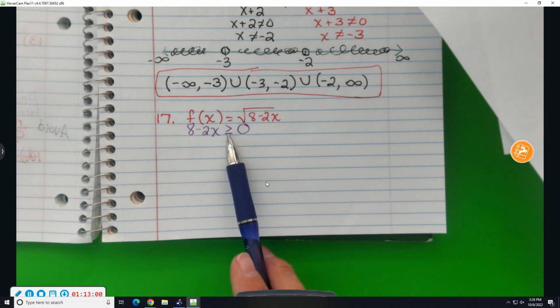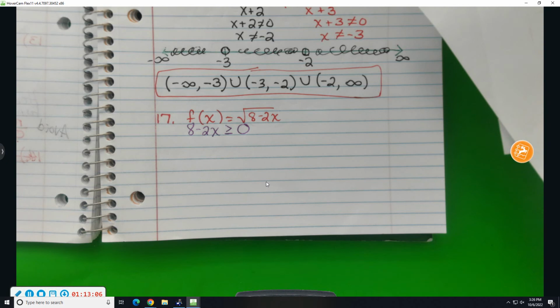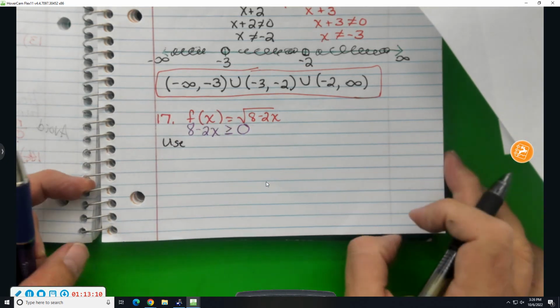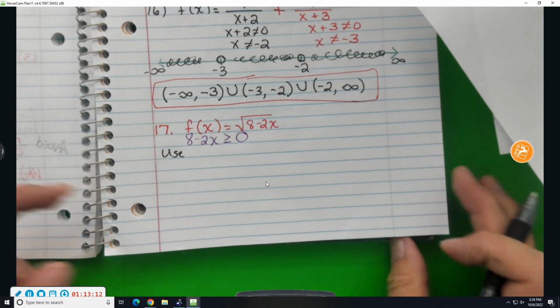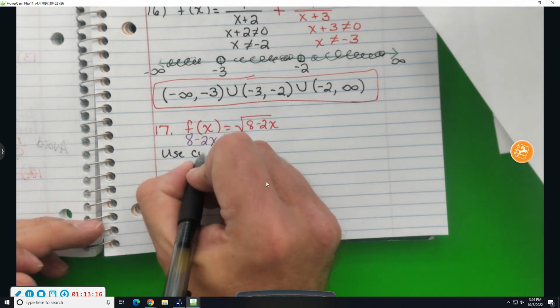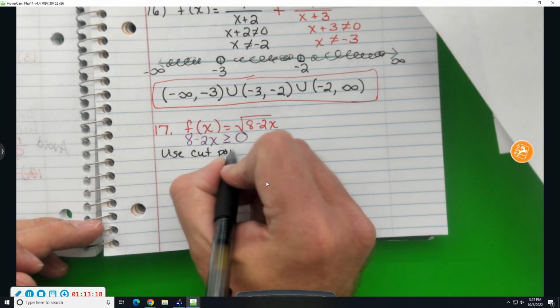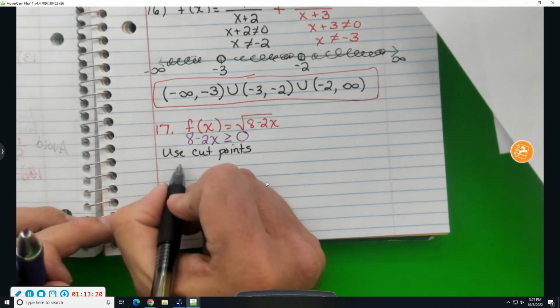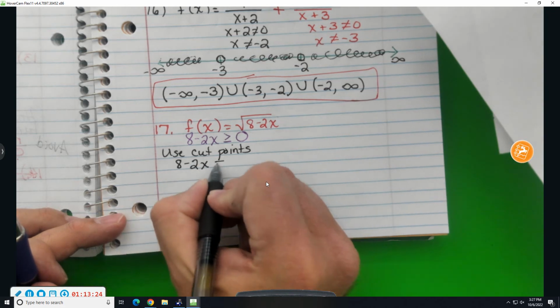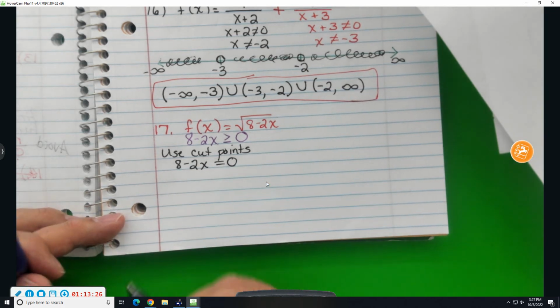Now, to solve an inequality like this, you've got to use cut points. It's been a while since I've used cut points. Maybe you were just doing the cut point method earlier today. Use cut points. Start off by solving 8 minus 2x equals 0.